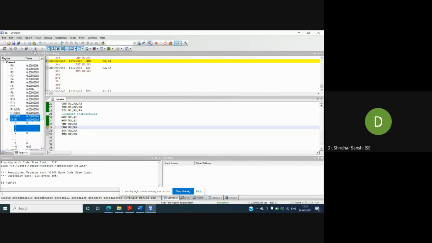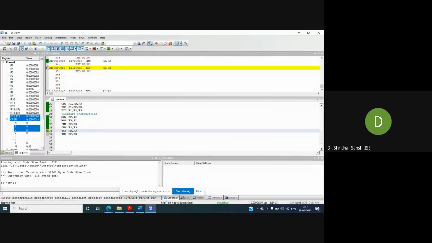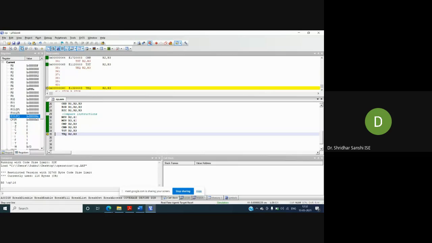Next, if I do CMN, we are adding R2 comma R3. Both contents will be added, and the result is updated in the flags. The result is not equal to 0. Next is TST.